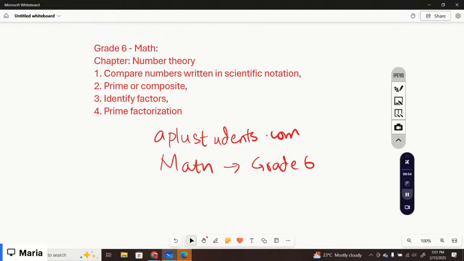There you can find a list of the chapters. We're going to start with chapter number 3. The lessons we're going to cover today are compare numbers written in scientific notation, prime and composite, identify factors, and prime factorization.